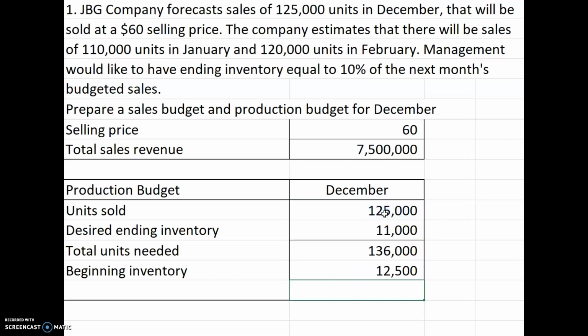We would have had 12,500 in inventory at the end of November because that's what we would have wanted for December. We would have wanted 10% of December's in our ending inventory. So our units to produce will be our total units needed minus our beginning inventory of 12,500.